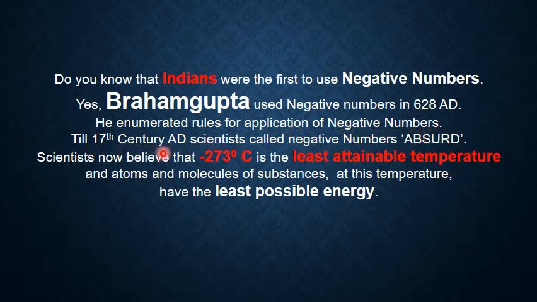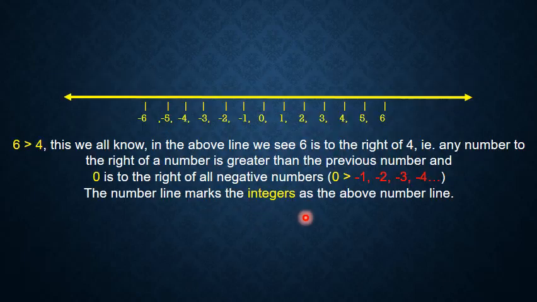But till the 17th century, scientists believed that negative numbers are nothing but something absurd. Today, scientists believe that minus 273 degrees Celsius is the least attainable temperature, and atoms and molecules of substances at this temperature have the least possible energy.